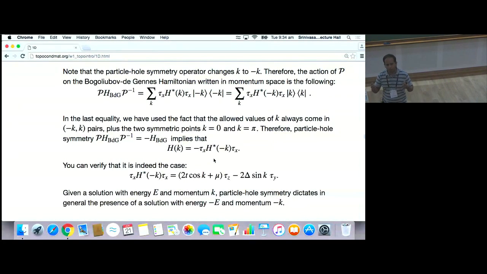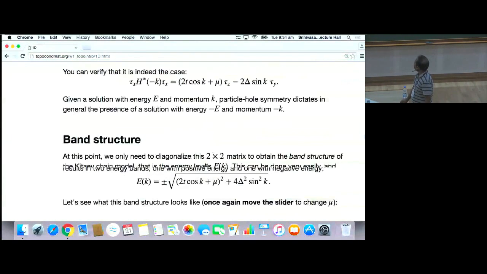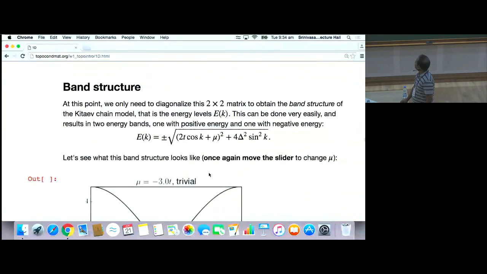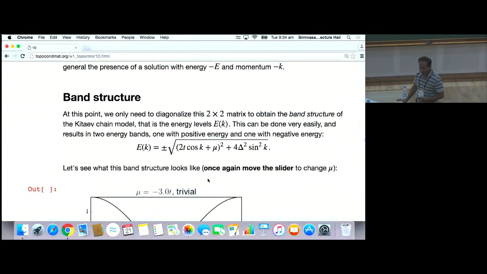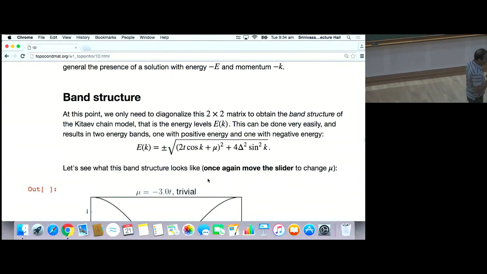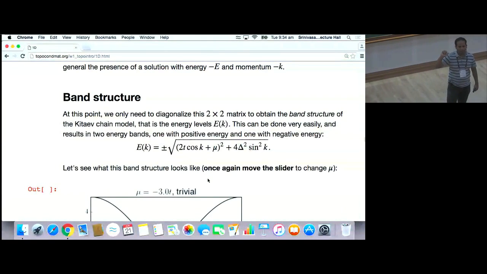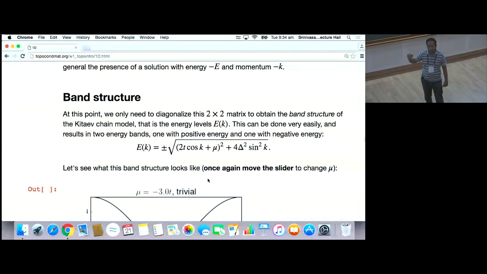Only those two are symmetric under particle-hole symmetry by themselves. So we have to focus on these special points, k equals 0 and k equals pi, to understand the topology of the system.